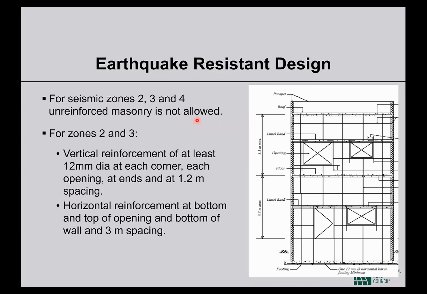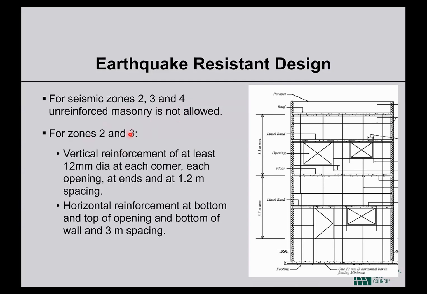Do you see quite often reinforced masonry, that steel reinforcement is used inside bricks? You don't see, right? So RM is basically non-existent in Bangladesh. But URM, the most commonly used method of masonry construction, is actually forbidden this time for zones 2, 3, and 4. Only in zone 1 is that allowed.